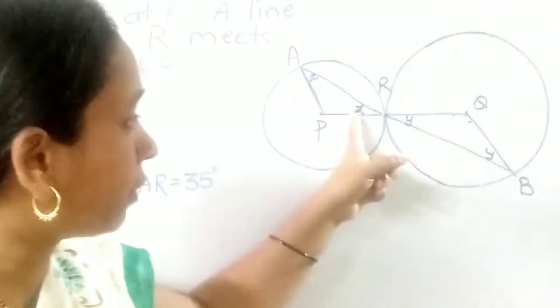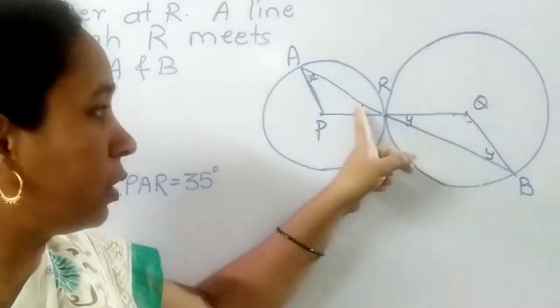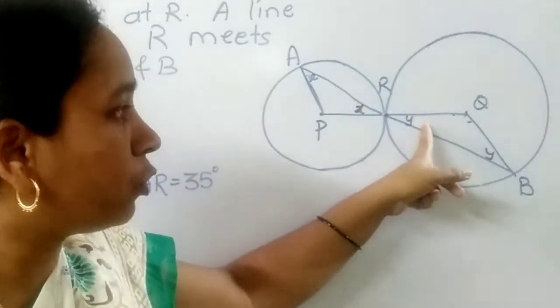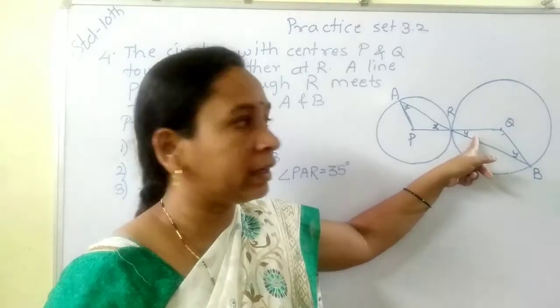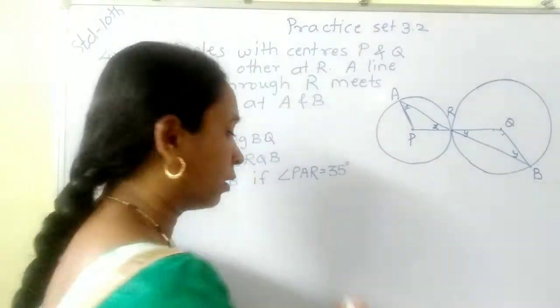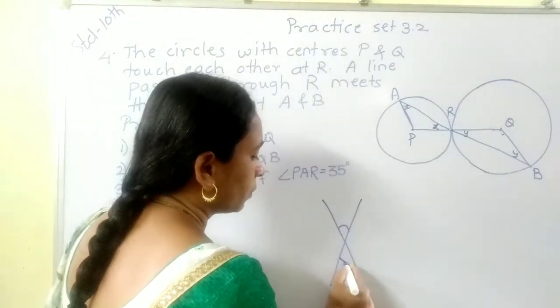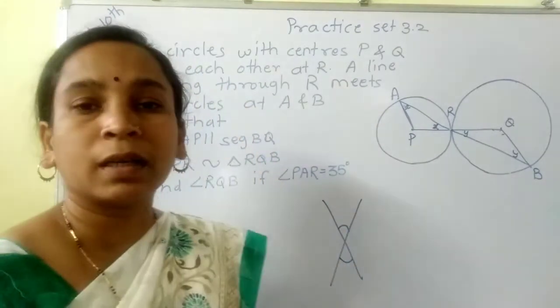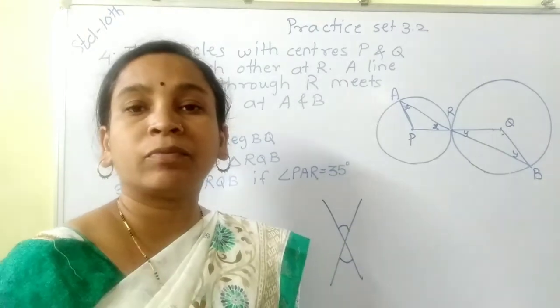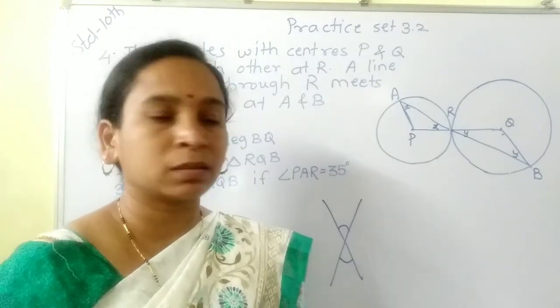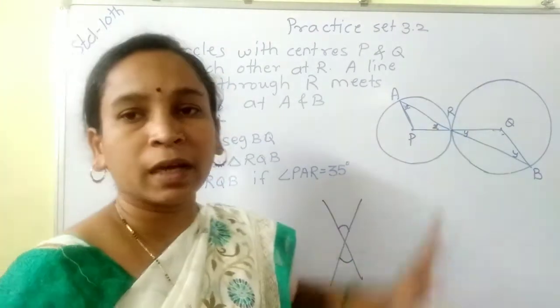Now what is the relation of x and y here? If you observe it properly, these are vertically opposite angles, the angles which come in this form. And if those are vertically opposite angles, then the property says they are congruent.